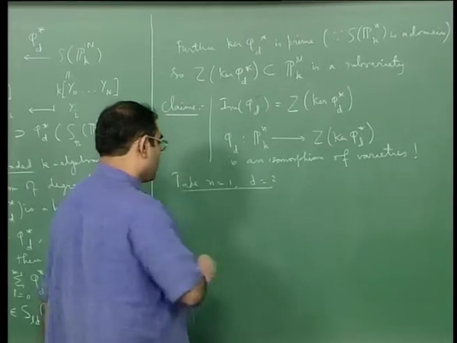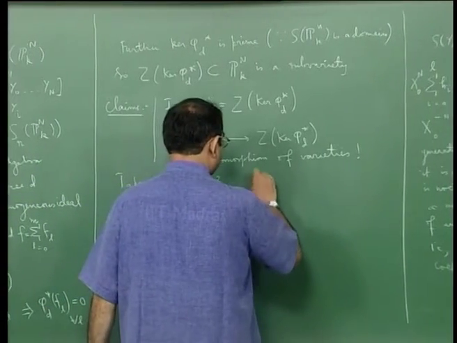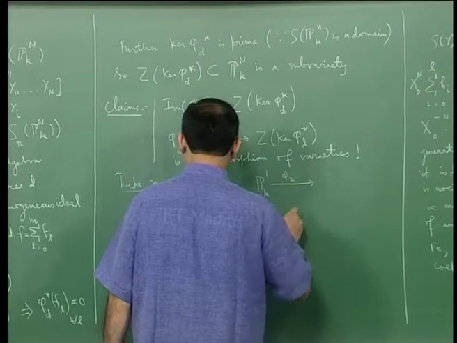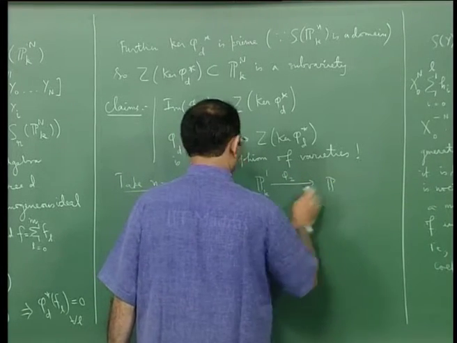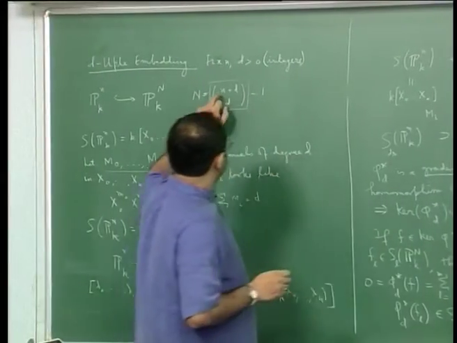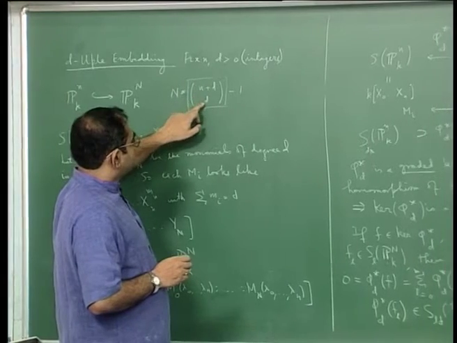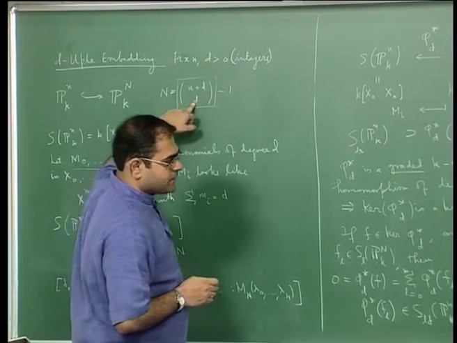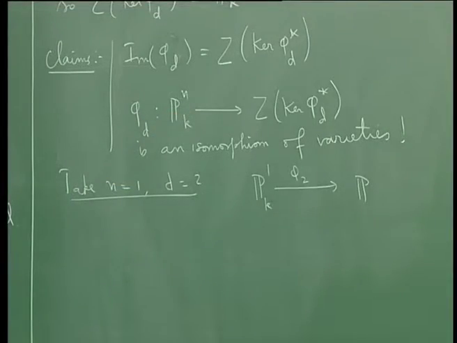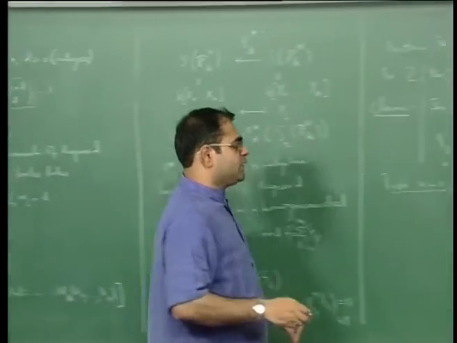If you take n equal to 1, d equal to 2, then you have P1 over k, and phi 2 maps into P to the 3 choose 2, which is the same as 3 choose 1, which is 3, minus 1, so 2.